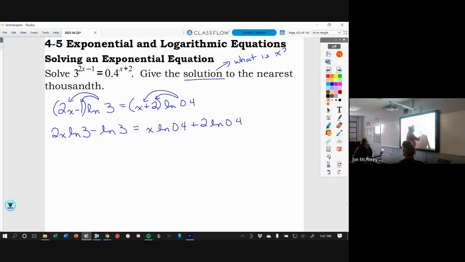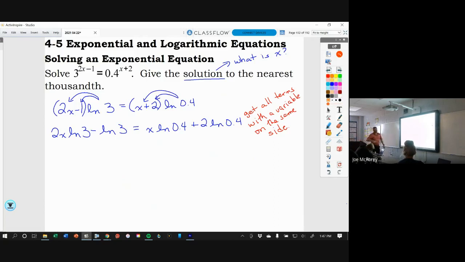Get all terms with a variable on the same side. Before we can solve for x, we need to get every term that has an x on one side and everything else on the other side.